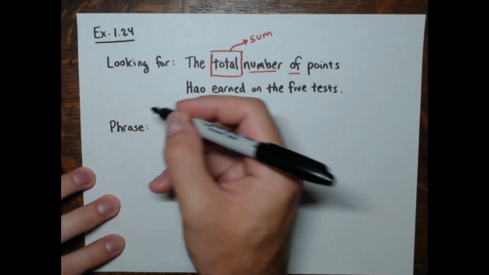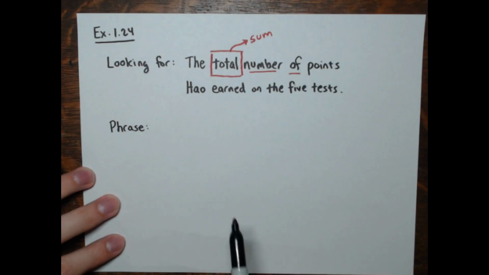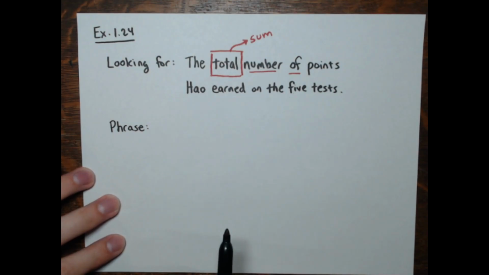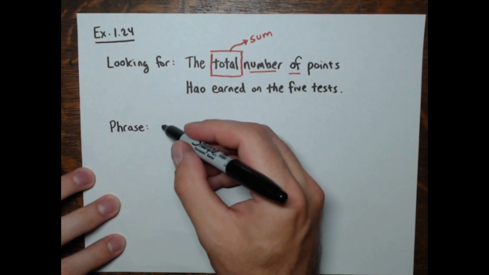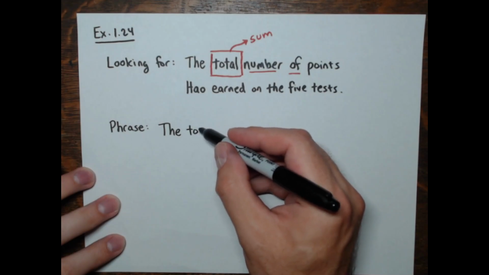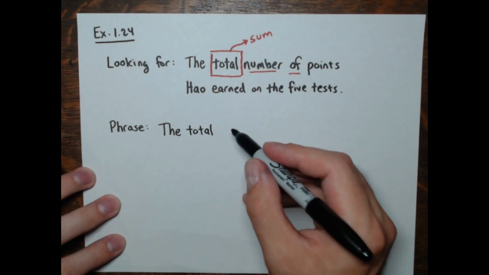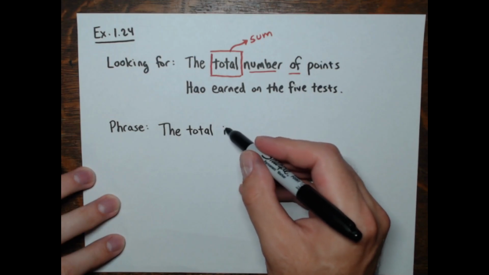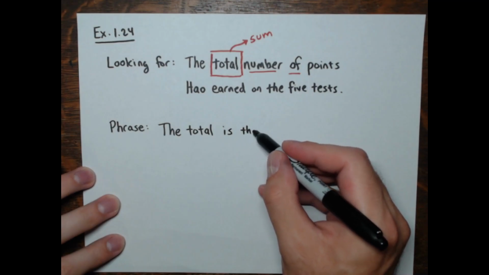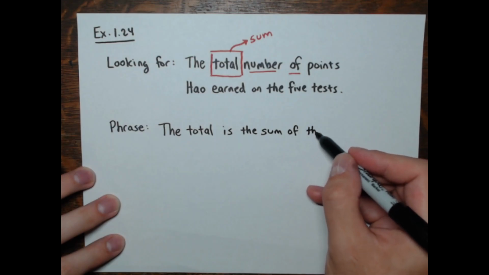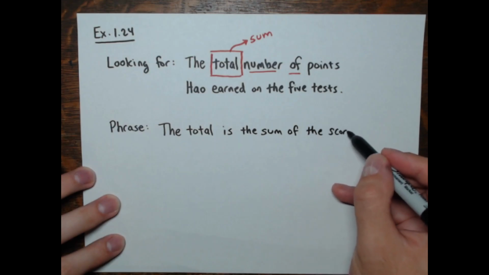So a word phrase that gives what's being asked for up here, along with the information involved: the total number of points on the 5 tests, the total is the sum of the scores on the 5 tests, right?